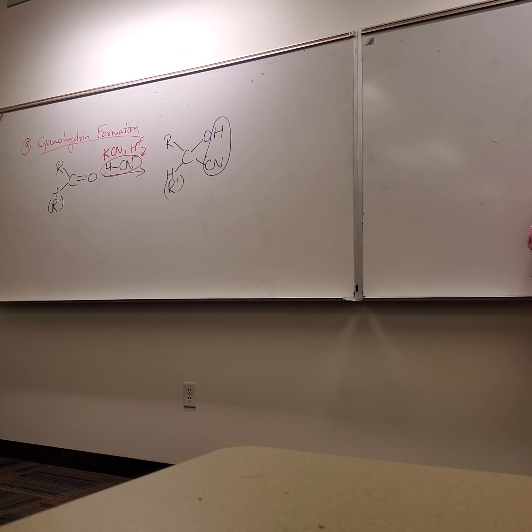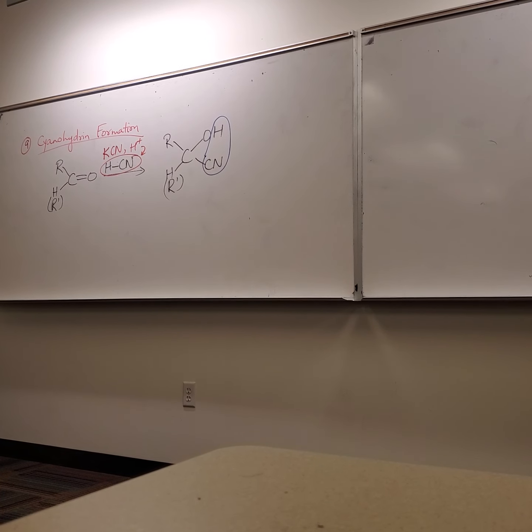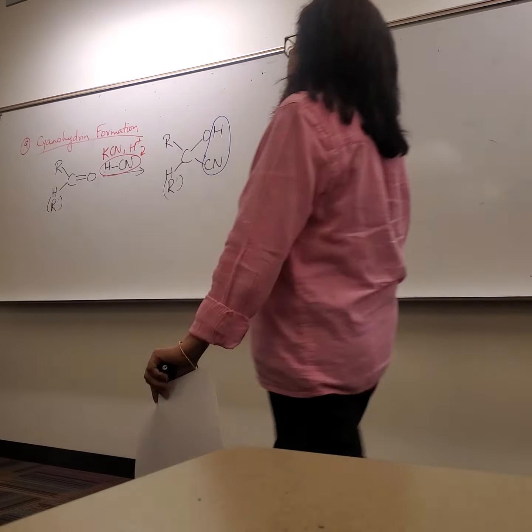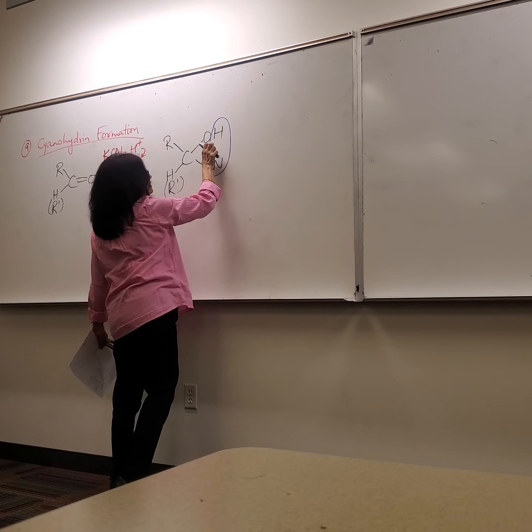Let's do some examples. Now, what's the purpose of the nitrile group, the cyano group, whatever you want to call it? It is actually a very useful group synthetically speaking.